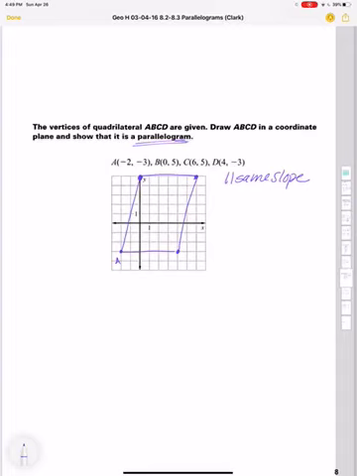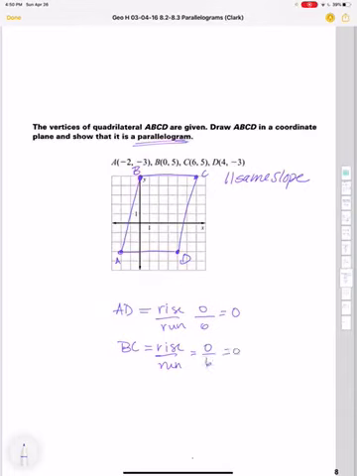So maybe, from A to, oh, I didn't label these, darn it, B, C, D. I think we could show that they have the same slope, because from A to D, the rise over the run, the rise is 0, and the run is 1, 2, 3, 4, 5, 6, but it doesn't matter because 0 divided by 6 is 0. And BC, the rise over the run, is also 0 over 6, so 0.